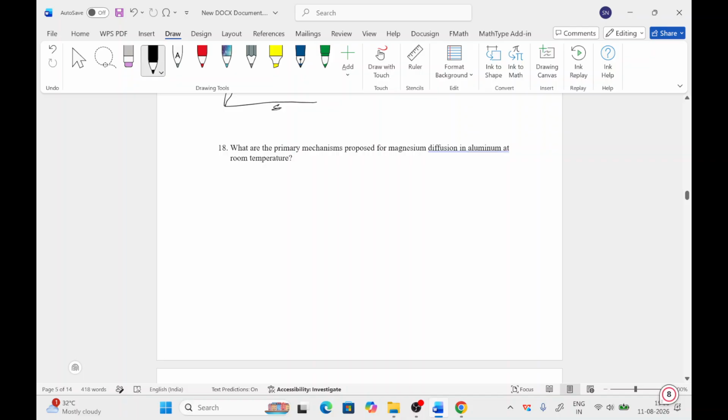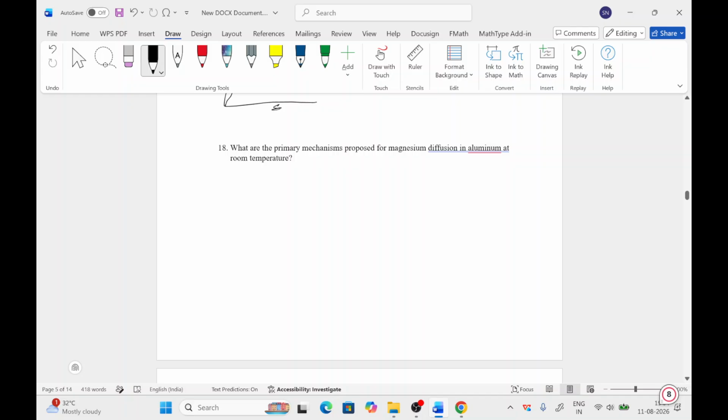The 18th question is, what is the primary mechanism proposed for magnesium diffusion in aluminum at room temperature? So we discussed the strain rate behavior, temperature behavior, and waiting time of dislocation at the solute atom.